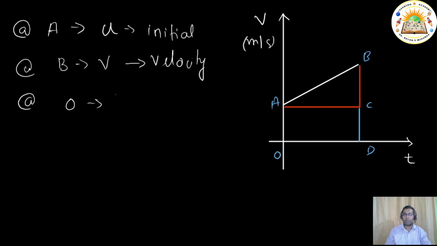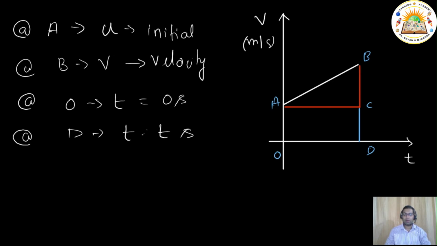At O we have the time, that is 0 seconds, and at D the time is equal to t seconds. So right now we have labeled all the parts of this graph.